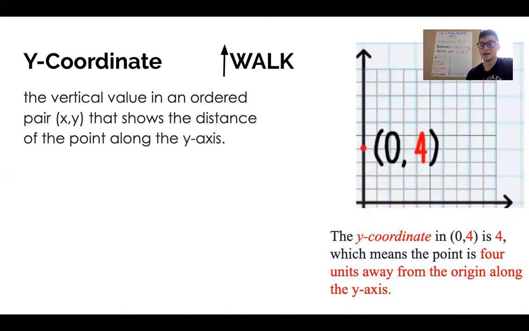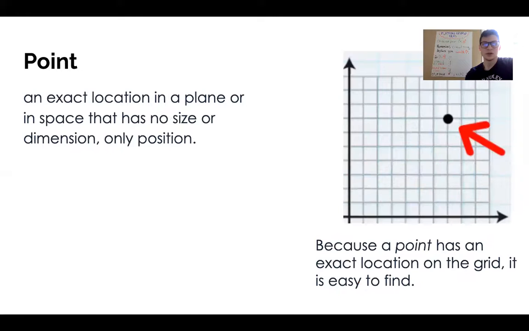So once you have an ordered pair and you plot it, you crawl and then you walk, you're going to put a nice little circle in, and that's your point. A point is the exact location in a plane or in space that has no size or dimension. It's just a position.